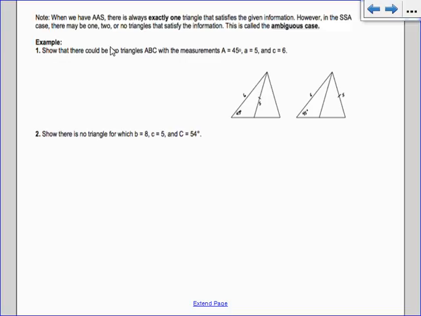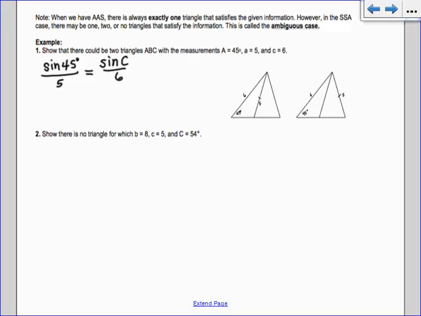This one says, show that there could be 2 triangles ABC with the measurements of 45, 5, and 6. So we set it up: sine of 45 over little a, which is 5, equals sine of angle C over 6.